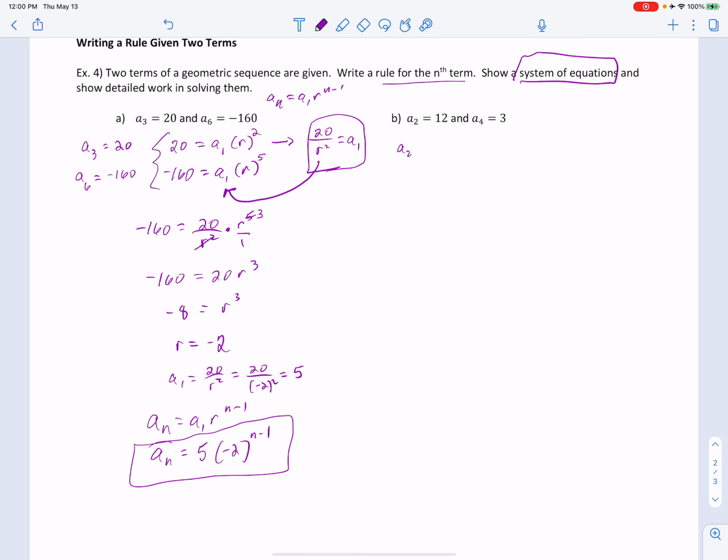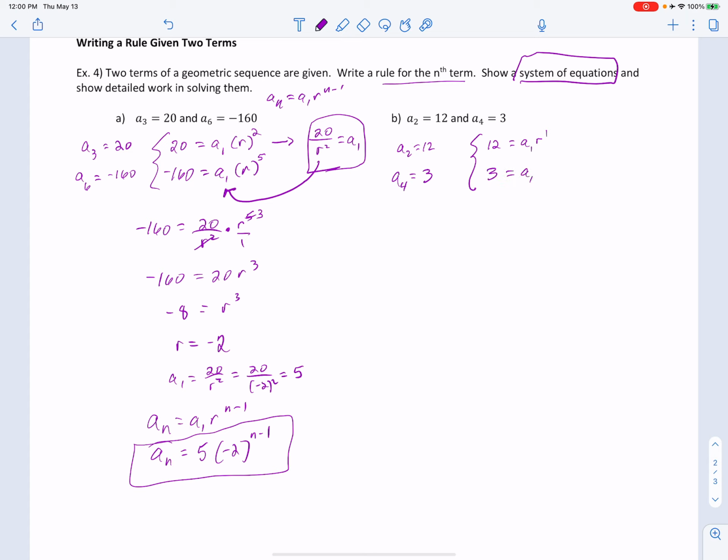So we have a sub 2 is 12. Again, you must have the system of equations. So you get 12, that's the value of your second term, when you take a sub 1 times r to the, 2 minus 1 is just to the first. Then write this out for the fourth term. The value of the fourth term is 3.